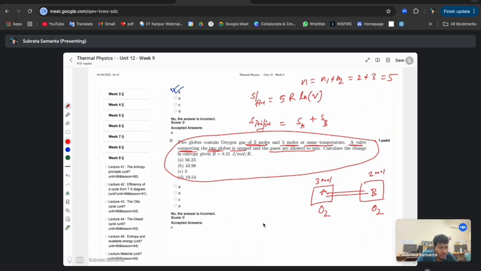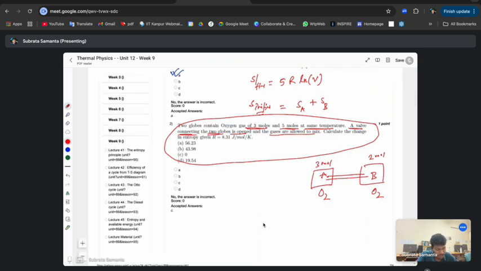Since they are both the same gas in container A and container B, if they mix, it does not change the entropy, because of the Gibbs paradox. If both gases are the same, there is no change in entropy.